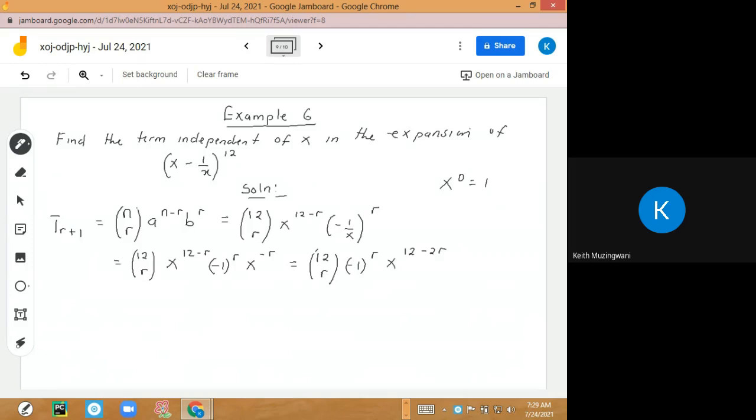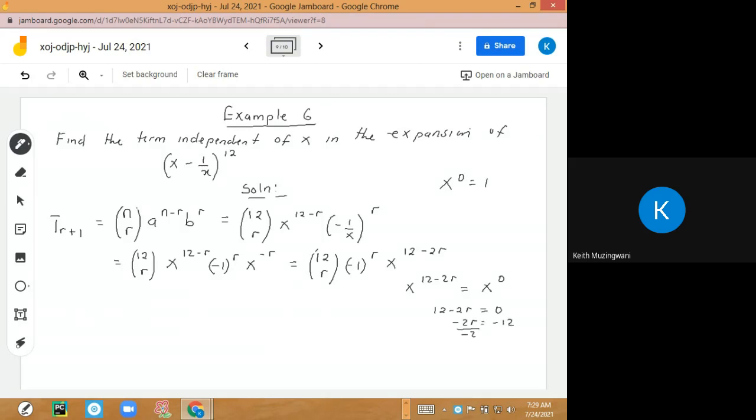So we will require that x to the power 12 minus 2r be equal to x power 0. Because the bases are the same, this demands that 12 minus 2r be equal to 0. So this is the same as negative 2r is equal to negative 12.